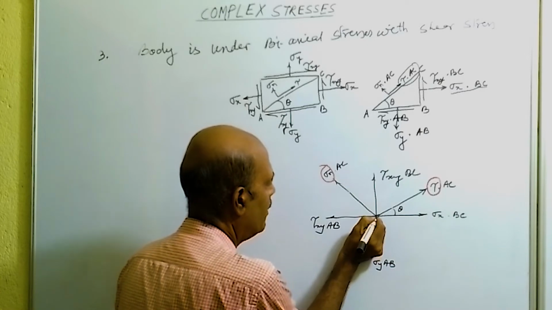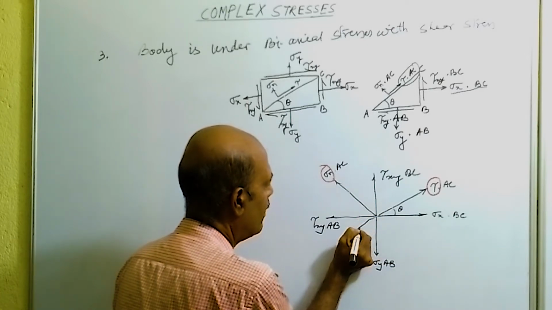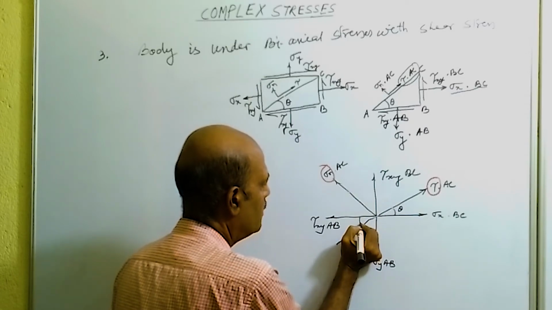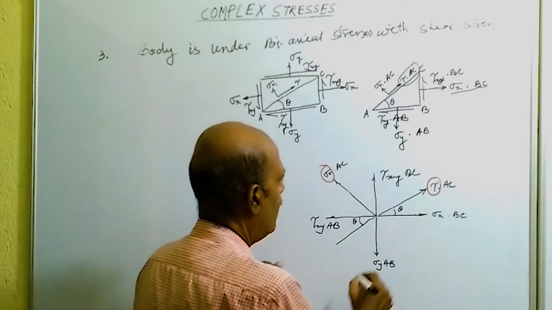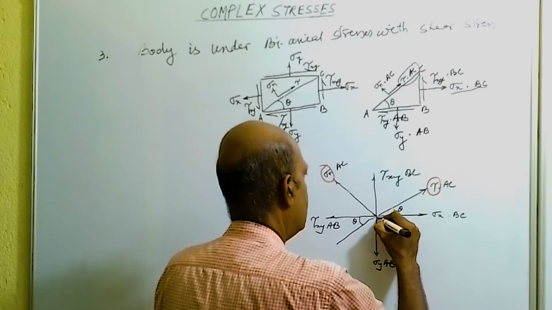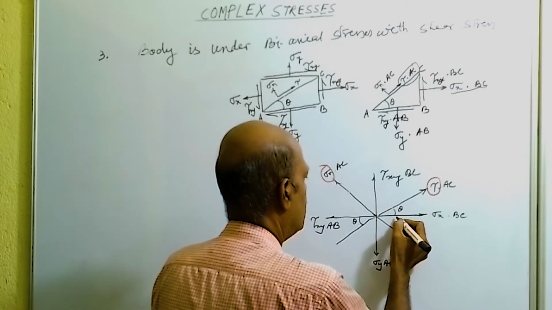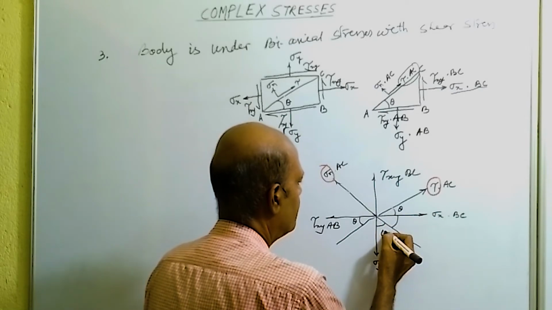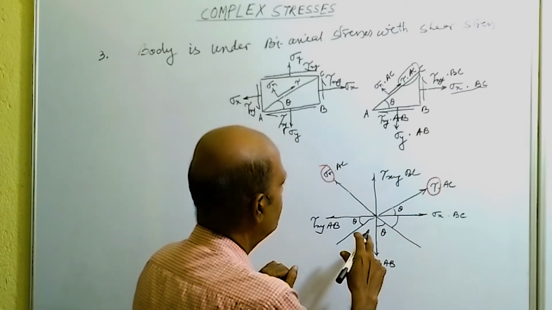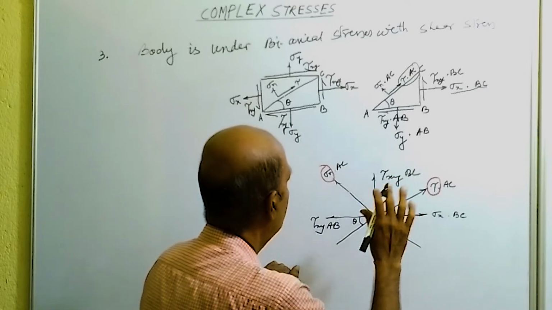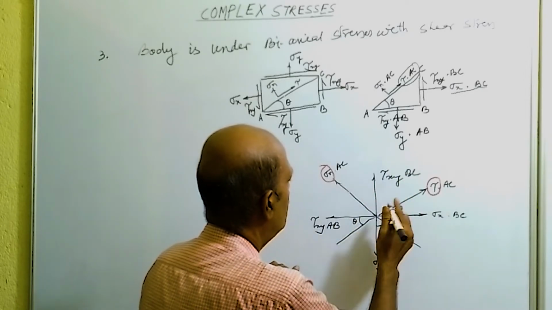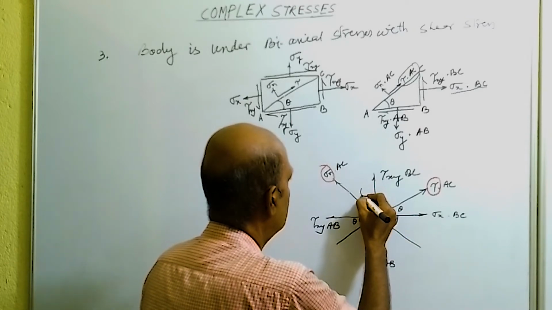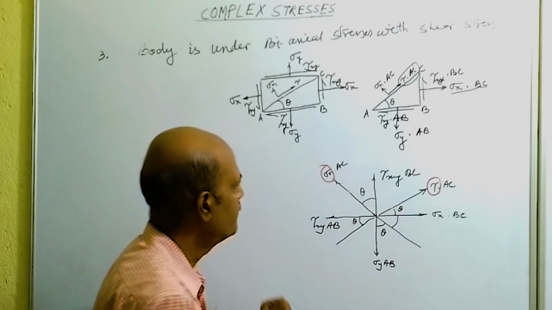For resolving, I am doing a geometrical construction: extend this line, so this angle will be theta. Now extend this line, so this angle is 90 minus theta, and this angle, the opposite angle to this, is also theta.